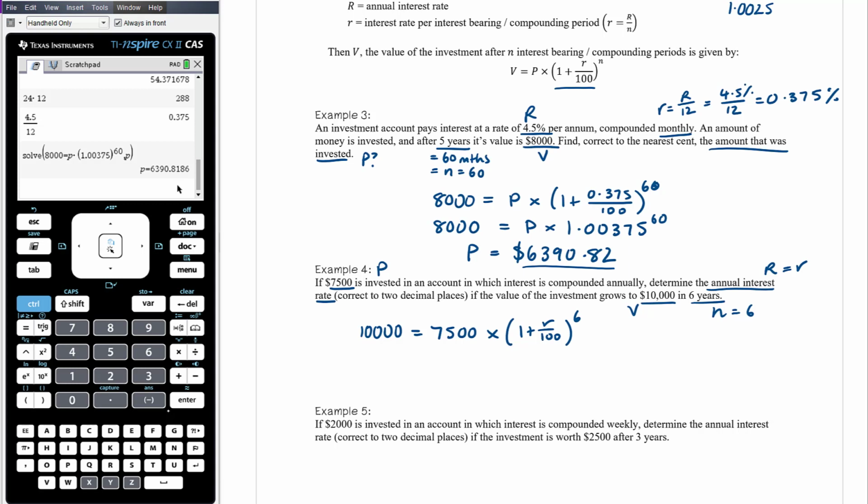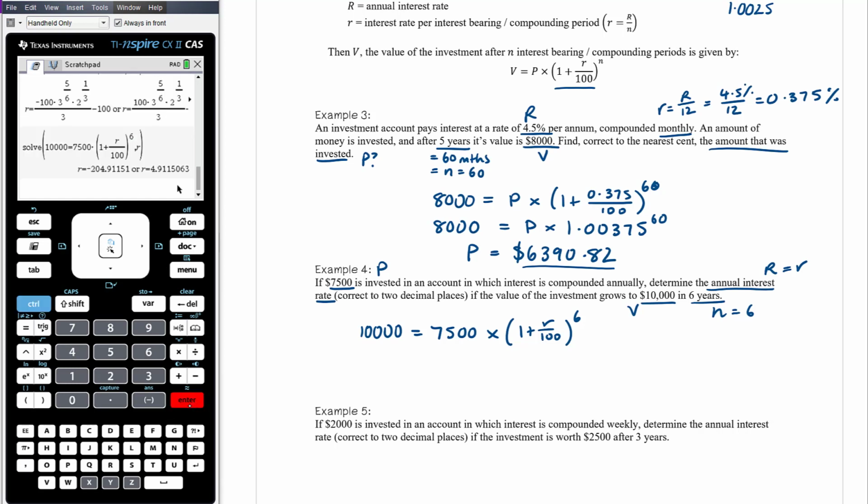You can do it another way, and I'll show you in the CAS how we do it another way, but if I set up my formula and solve for r, in menu 3.1: 10,000 equals 7,500 multiplied by bracket 1 plus, control divide for a fraction, r over 100, and then it is to the power of 6. And we are solving for r.